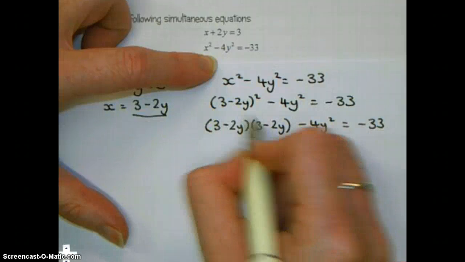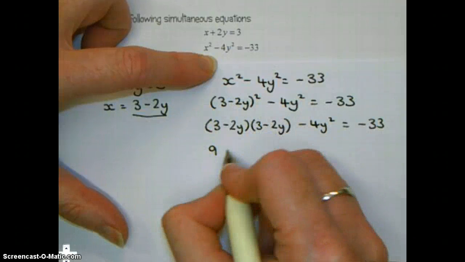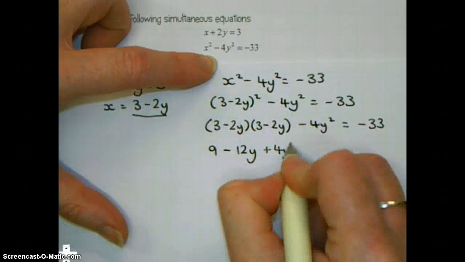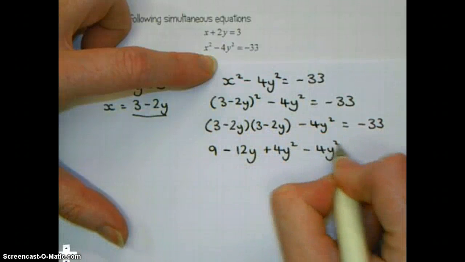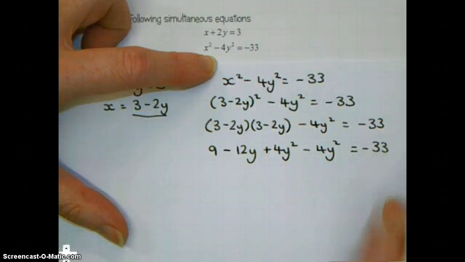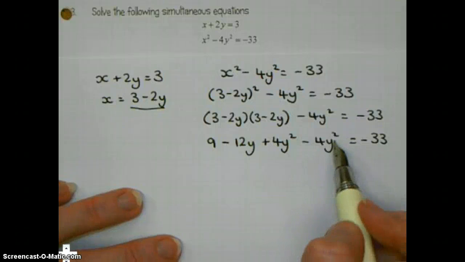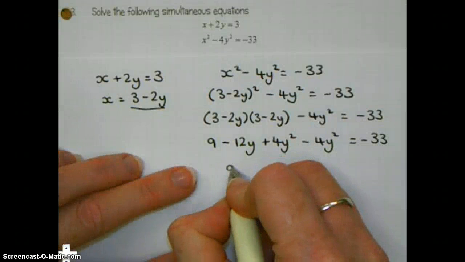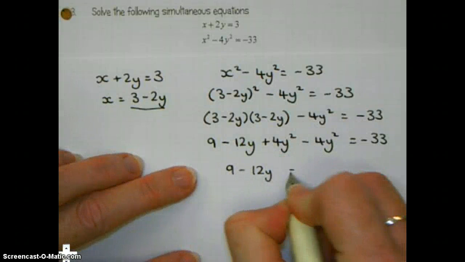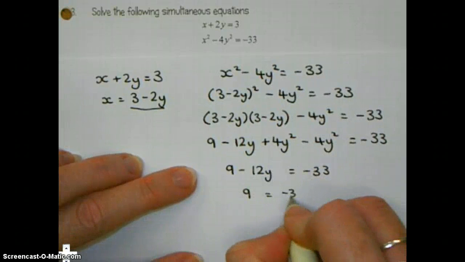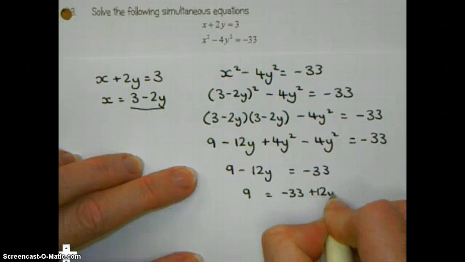So multiplying this out, I'll get 9, minus 6y minus 6y, so it's minus 12y, plus 4y squared, minus 4y, equals minus 33. Simplifying the left-hand side, plus 4y squared minus 4y... sorry, there's no y squared. I should have 9 minus 12y equals minus 33. 9 equals minus 33 plus 12y.